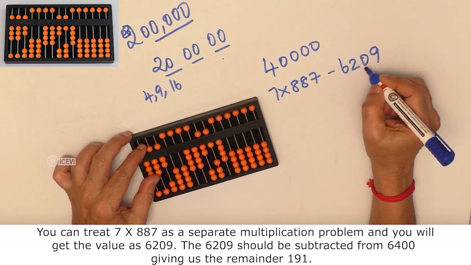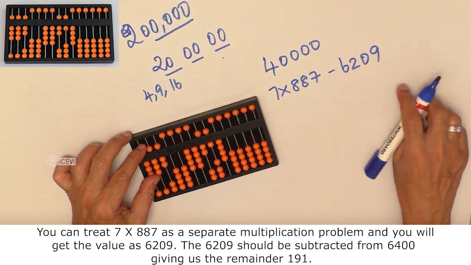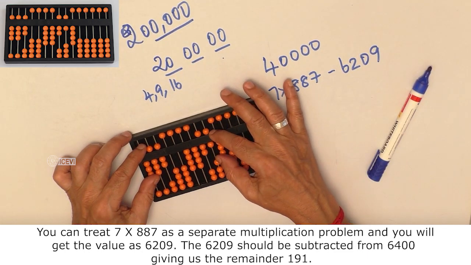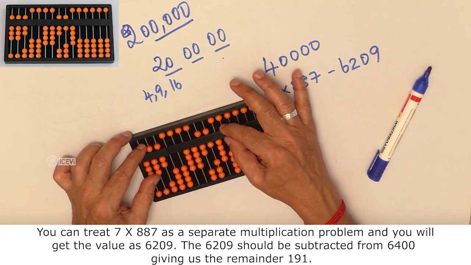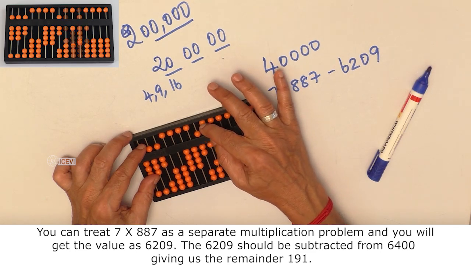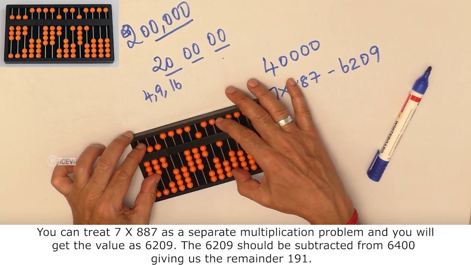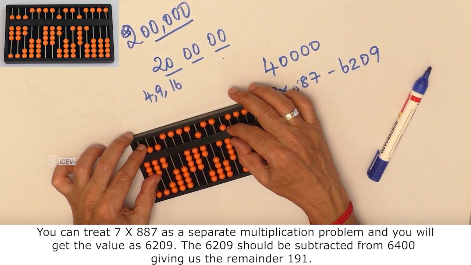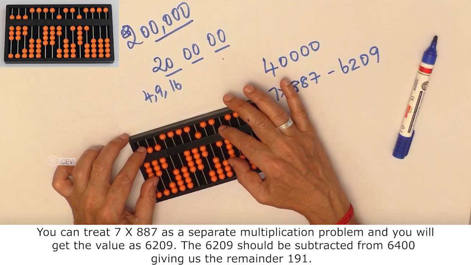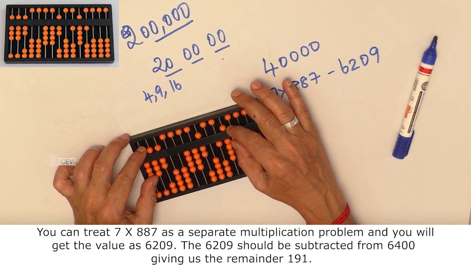The 6209 should be subtracted from 6400 and you will get the remainder as 191. The remainder now is 191.